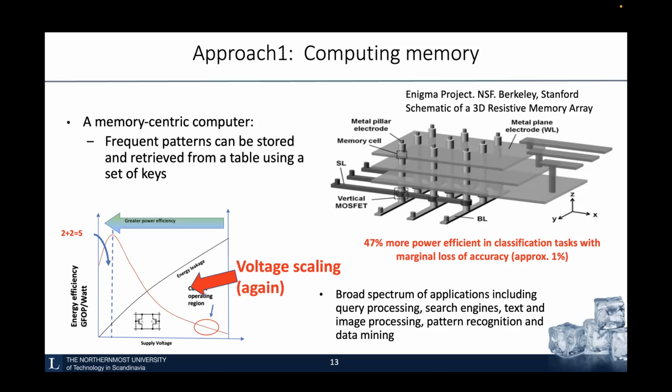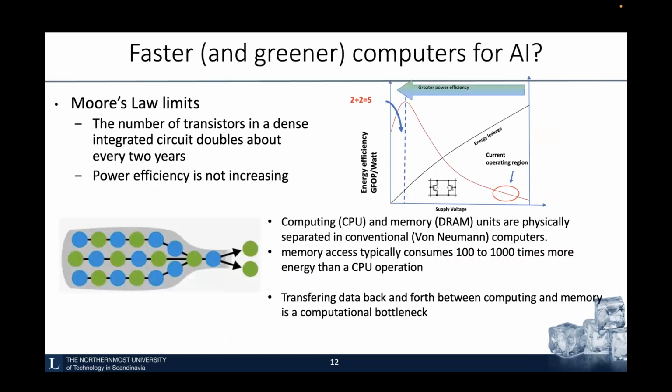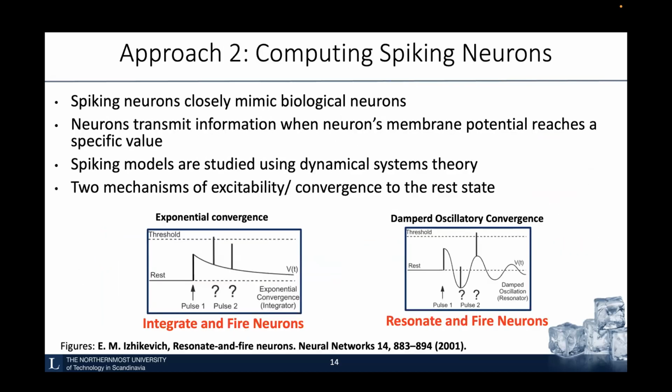Currently, two popular approaches are in-memory computing, with chips basically eliminating this computational bottleneck, so you can do some computations directly in the memory, and second, computing with spiking neurons.